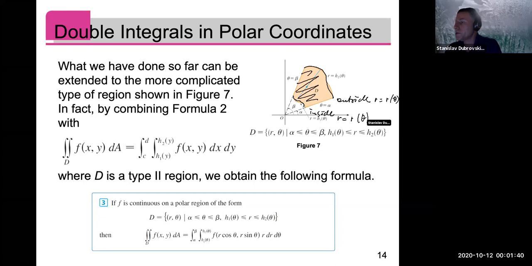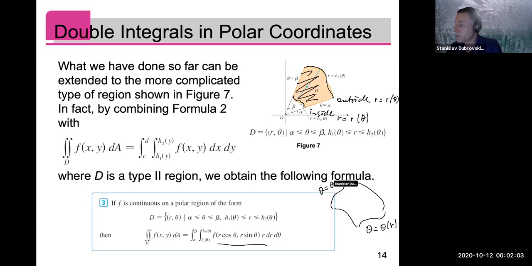And that means that first you'll be integrating with respect to r. So the question for you is, if you had the region which looks like that, theta is a function of r, and theta is a function of r here as well.